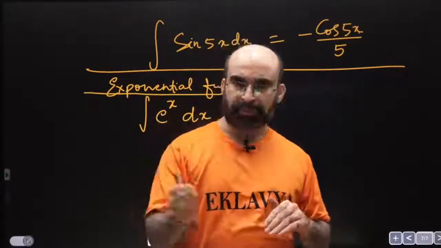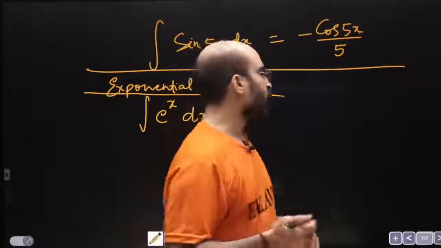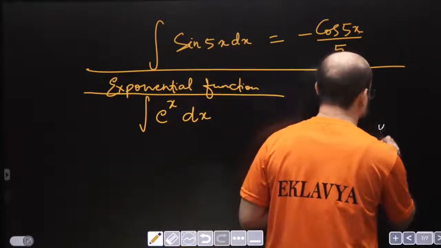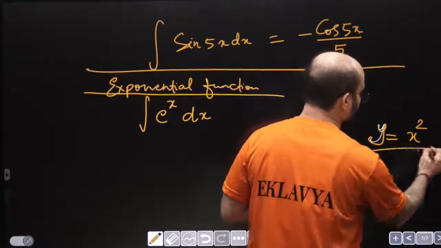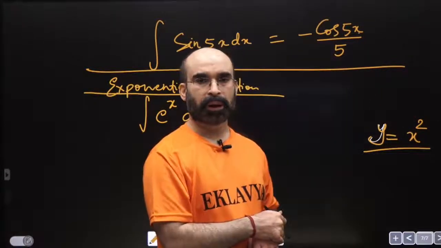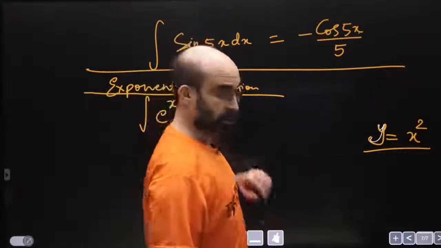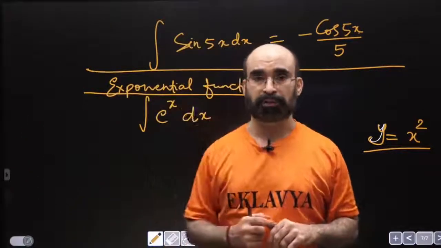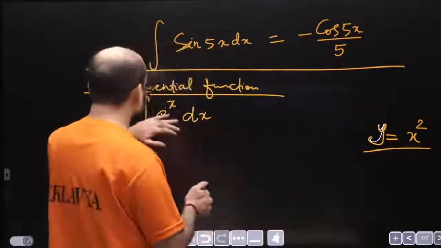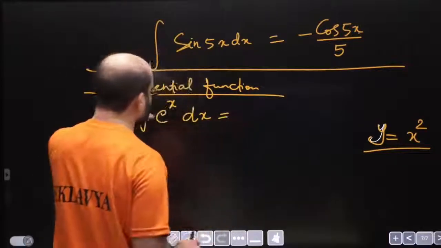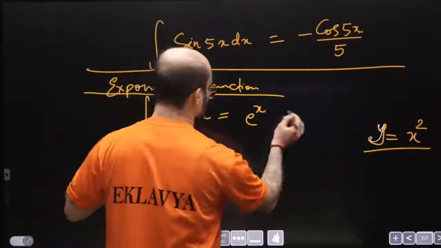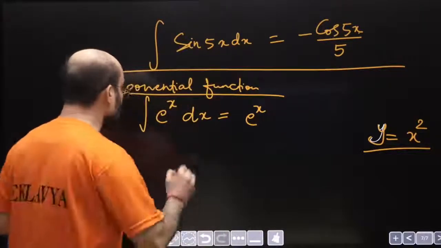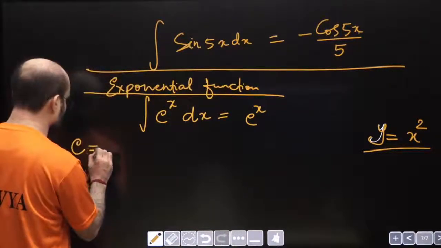So there are different functions, right? Suppose I am saying y depends upon x square. So this is an algebraic function, right? Similarly, we have done trigonometric function. Now this is exponential function. In this case, you will simply have this value plus constant. Okay, one more thing. You must ask me, what is the value of e?